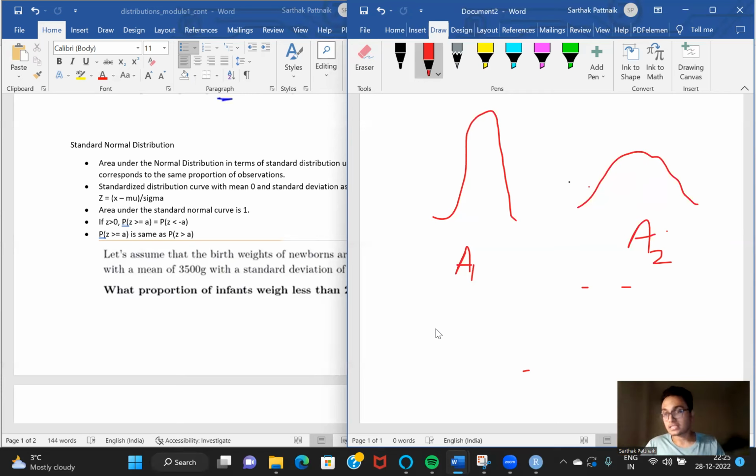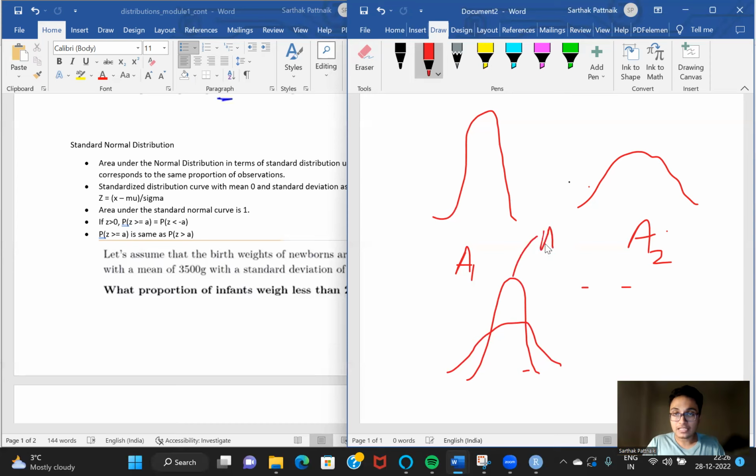Now, if I want to study them and derive fundamental differences between these two normal curves, if I go down the normal route and try to speculate or calculate everything from this instance, it will take me significantly more time. Once I standardize both these curves, since after standardization both of these curves will have the same mean and the same standard deviation, it will be much easier for me to study the properties of these two normal curves.